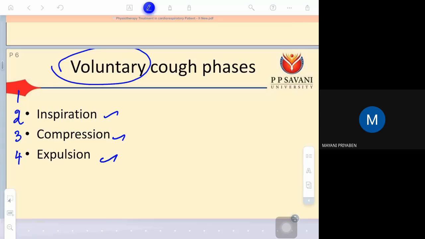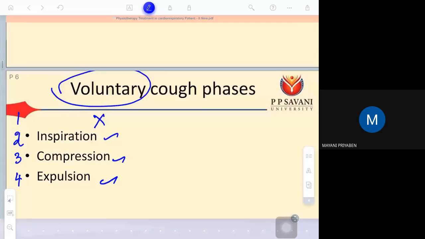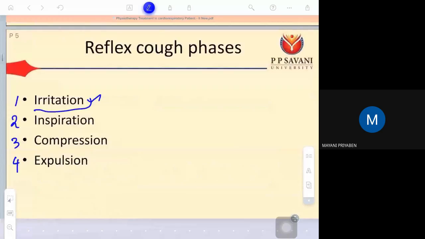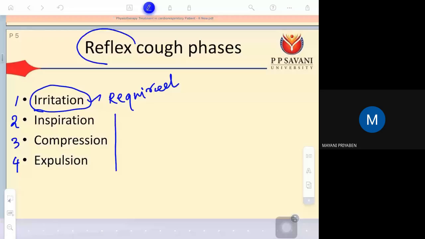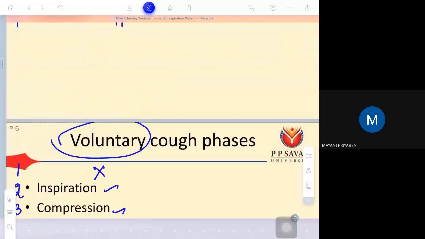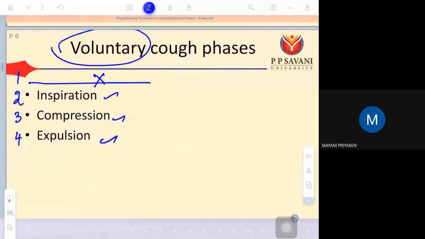In reflex cough, irritation is required to clear the secretions. In voluntary cough, irritation is not required to clear the secretion.